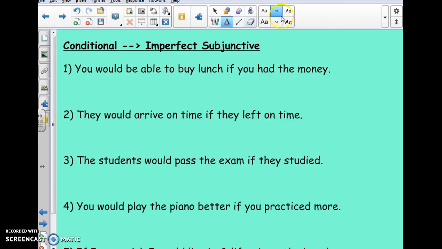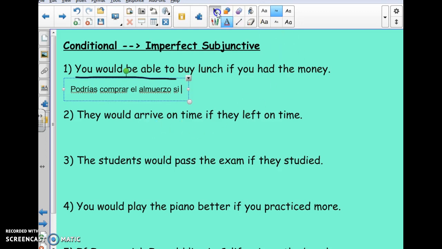So the second one, we're using the conditional tense. So it says you would be able to buy lunch if you had the money. So you would be able to do something. So you have to think about what verb that is. That's going to be poder, to be able to. And you want to use the conditional. So that's your ías endings. So you would be able to buy the lunch if you had money.